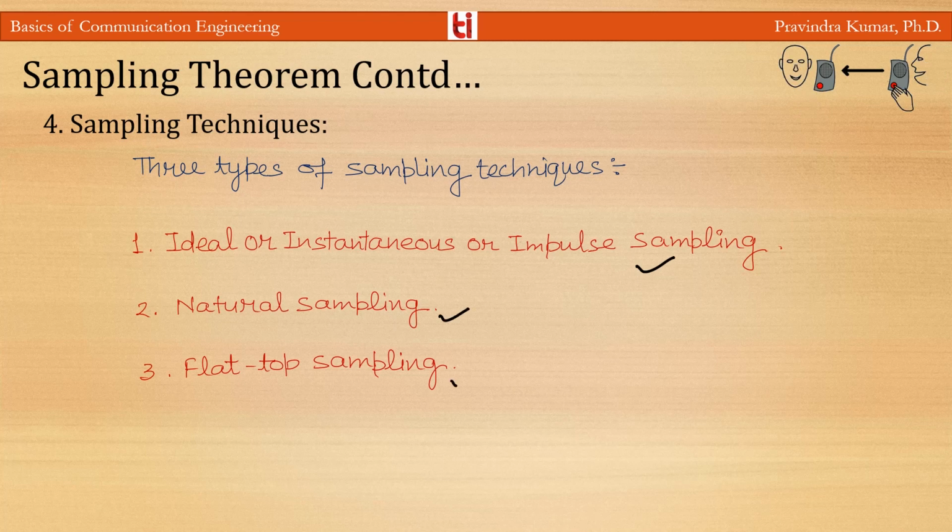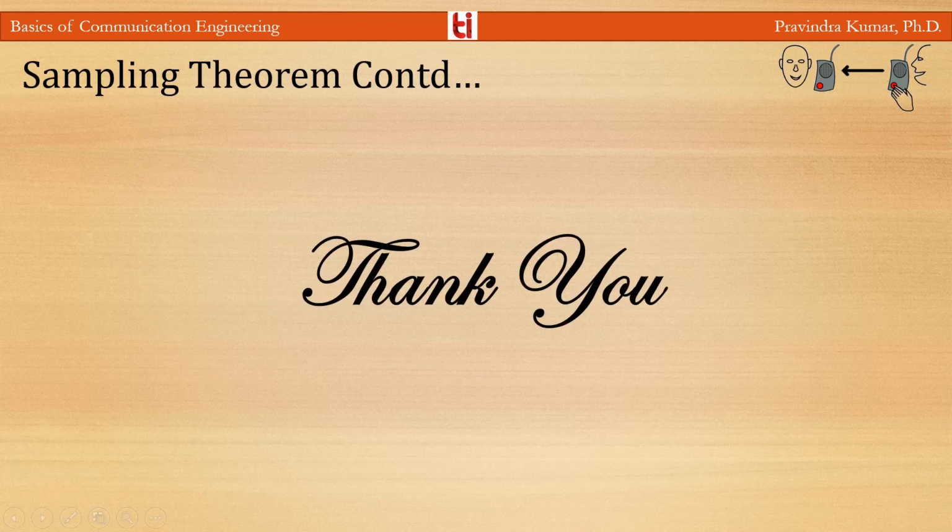In natural sampling, the sampling pulses are of finite duration, and the amplitude of the pulse is also finite, and it uses the chopping principle. Flat top sampling can be obtained using a sample and hold circuit. We have already discussed ideal sampling in this lecture, and we will discuss these two in detail in the next lecture.